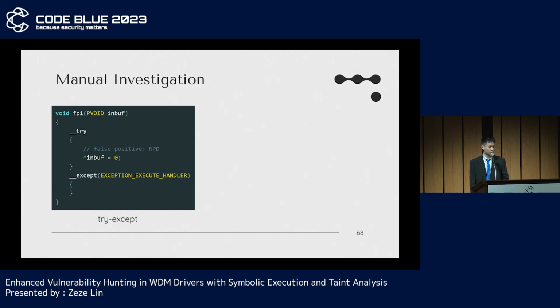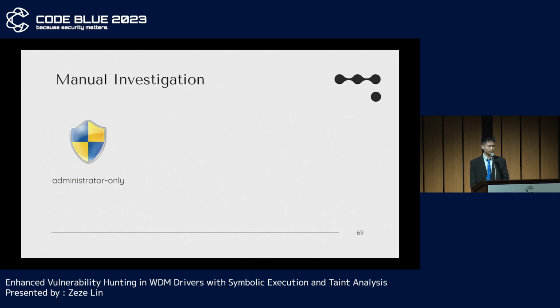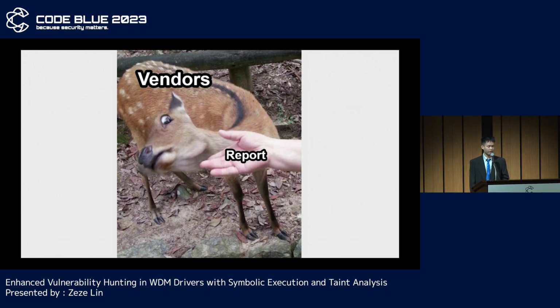For example, it is wrapped inside a try-except, or there may be some indirect check validating our input buffer. Sometimes the vulnerabilities have to be accessed by an administrator or even by the kernel. Sometimes the vulnerability is really hard to trigger because it is in a very deep place. And seldom, some vendors are afraid of our reports, or they don't care about them.